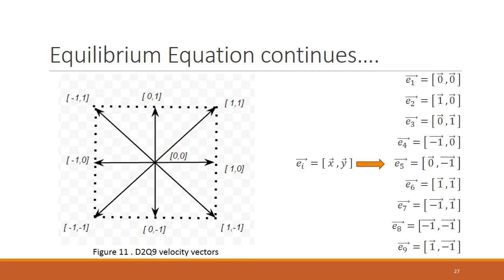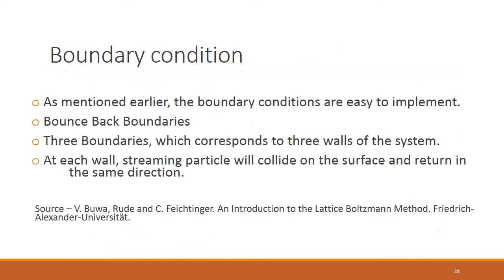Again, it's a conventional x and y direction, and this slide is pretty easy. Even this, if you look at 6, it's on the right top corner in the diagram, so it's 1, 1. X is equal to 1, y is equal to 1. That's what it says on the right side of the presentation. E6 is 1, 1. So I don't have to go through all of it.